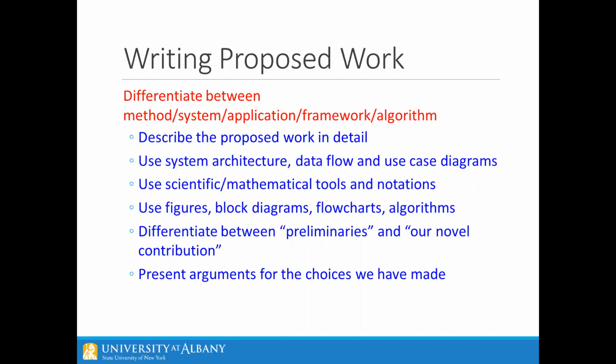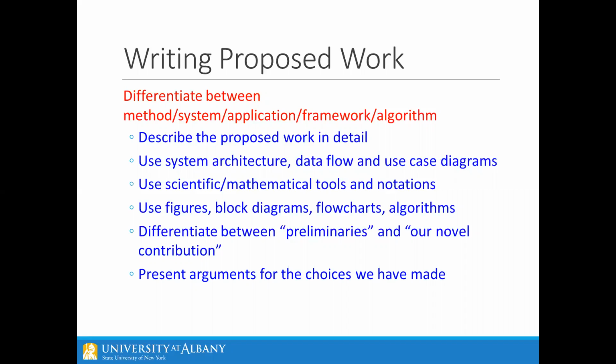A general guideline is that we should present arguments for the choices we make. Sometimes there could be different design choices or different algorithmic choices, that okay, you want to do this, but in order to do this there were different options as well.